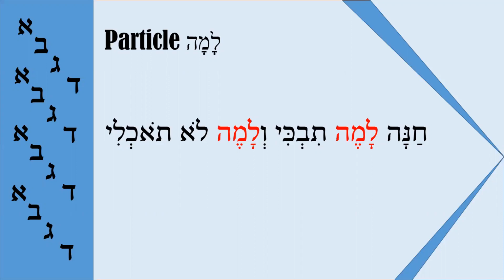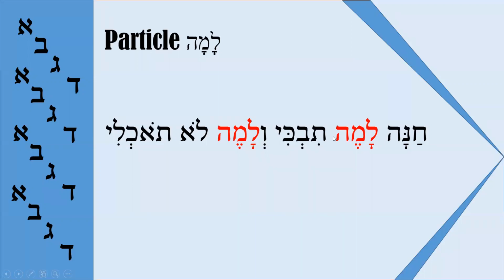Tivki. This verb is very tricky. But let us use what we know right now. Let's try to understand what kind of verb it is and find the root. Is it a third hey?